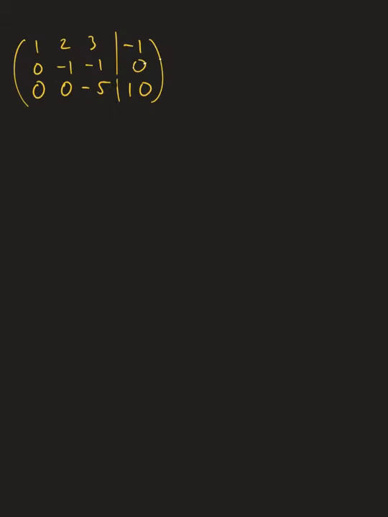So let's look at that third row there. That third row translated back into an equation just says that minus 5 times z is equal to 10. So that implies that z is equal to 10 divided by minus 5 is equal to minus 2. So z equals minus 2.